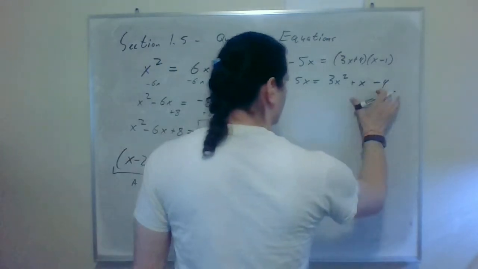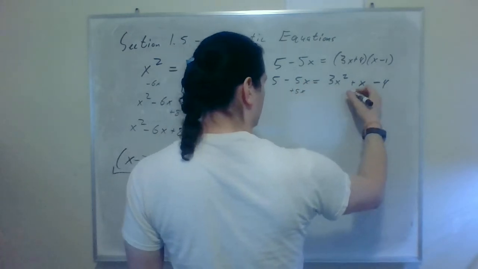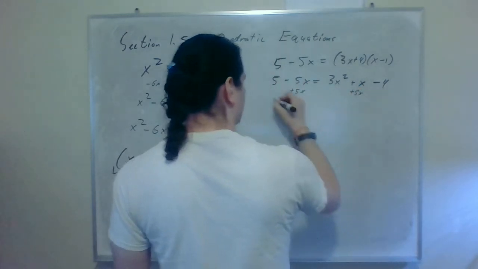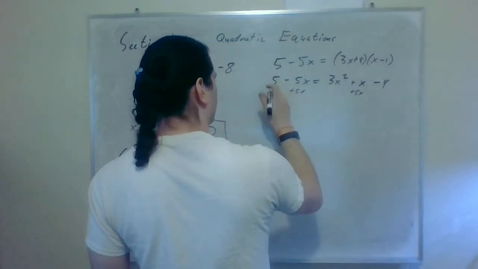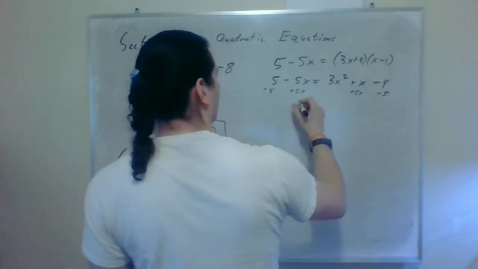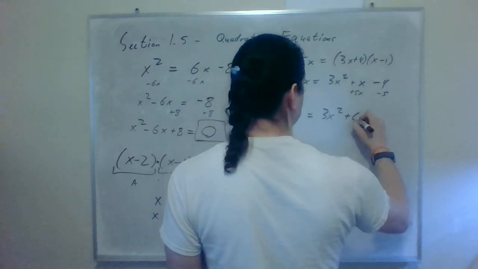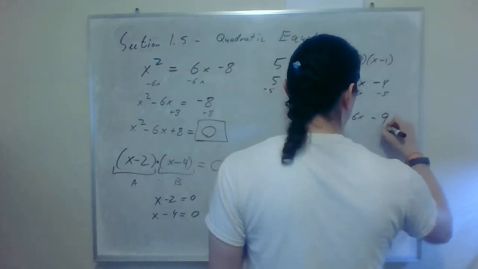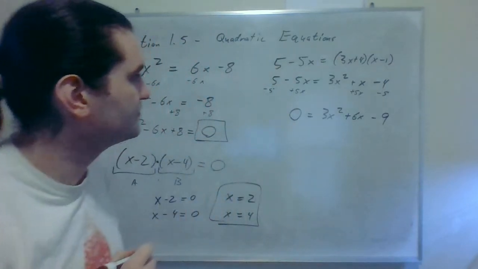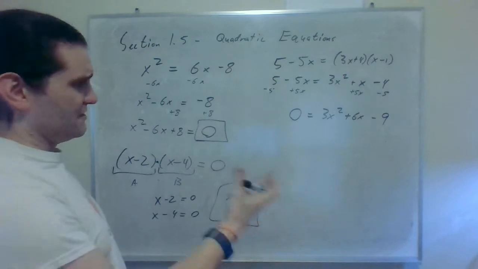Now we can move these things over so that we can get 0 on this side. So I need to add 5x to both sides, and I need to subtract 5 from both sides. So now I get 0 equals 3x squared plus 6x minus 9. This is nice. This is very workable.